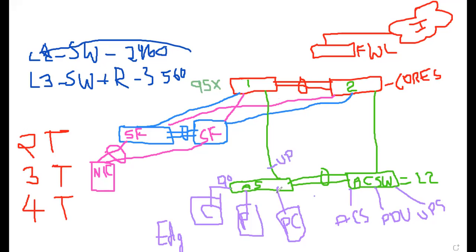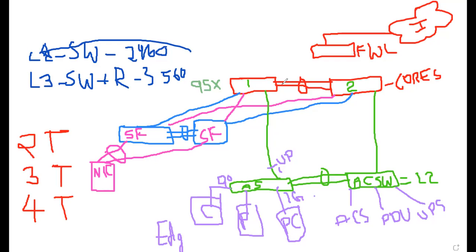So when your downlink, connected to your access switch, has 1 gig speed, the recommended solution is that your uplink must be 10 gig.